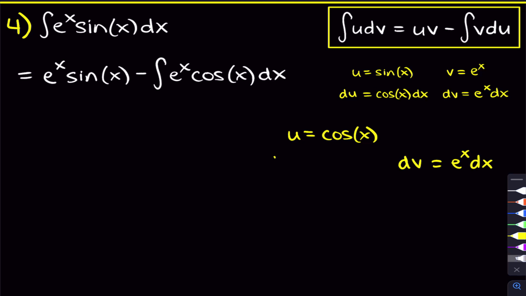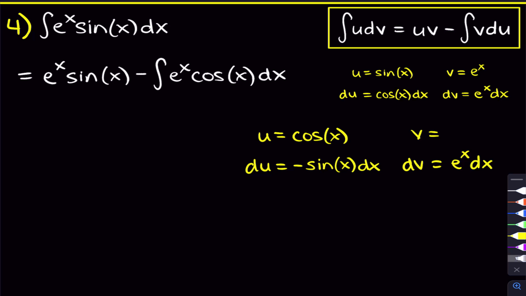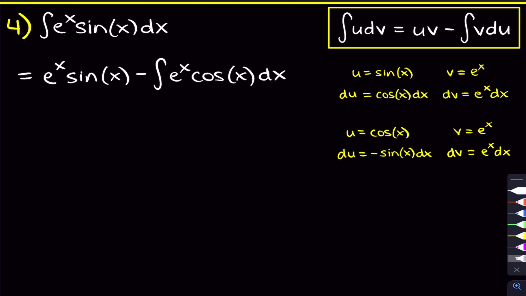Now from there we can find our du and our v. Our du, that's the derivative of cosine of x, that's going to be negative sine of x dx. And v is the integral of e to the x dx, which is e to the x.